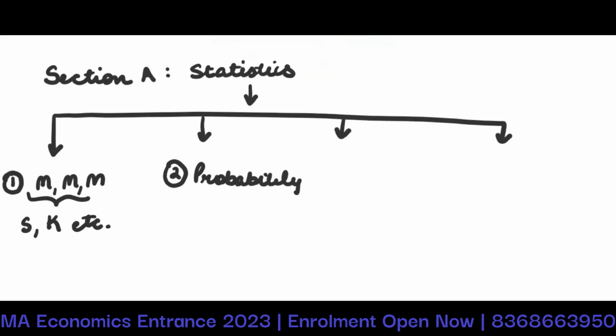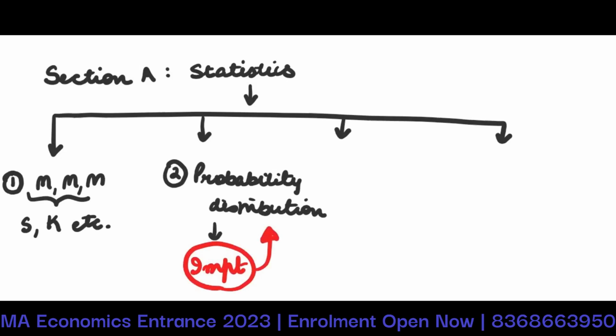This is one of the most important topics across different entrance exams. Not only for this entrance exam, but across different entrance exams, you will see this as the most important. I mean, it's so important that I prefer doing a separate book altogether only for probability distribution. It's that important.